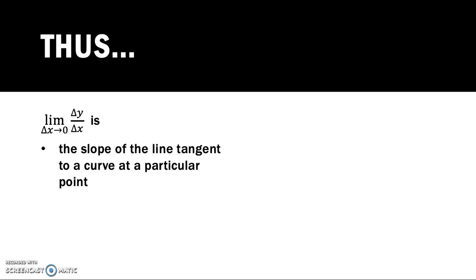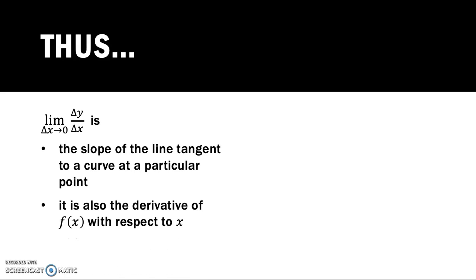Based on the explanation by graph, I would like to emphasize again that the limit as delta x approaches 0 of delta y per delta x is just the slope of the line tangent to a curve at a particular point. And it is also the derivative of f(x) with respect to x.